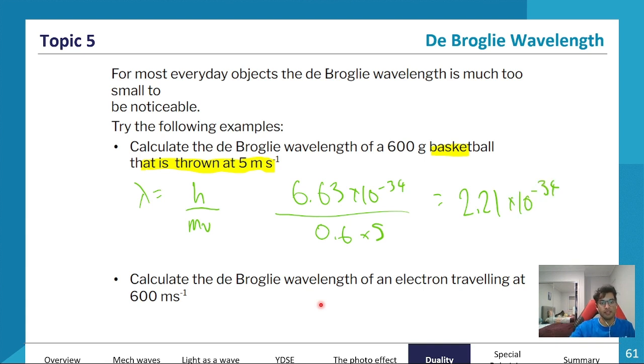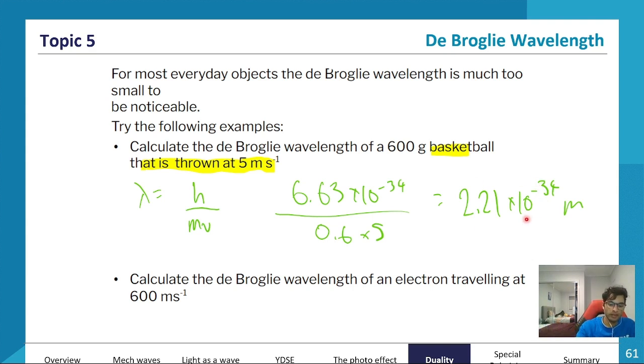So a basketball has a wavelength, and that wavelength is this. Well, the thing is, for everyday objects, this number is so small that it doesn't matter. You can't make a slit that small that's going to make the basketball diffract. That's just physically impossible. So even though everyday objects have a wavelength, it's so small that it's pretty much irrelevant.